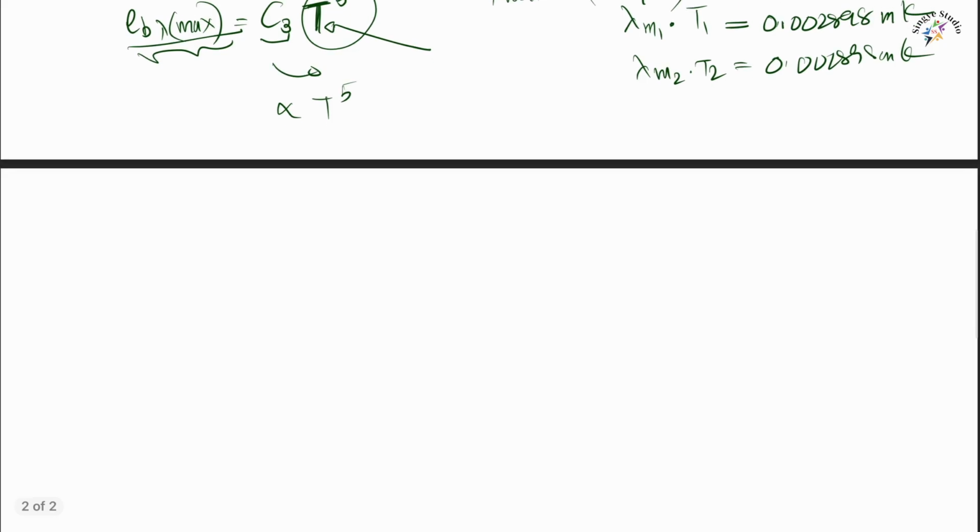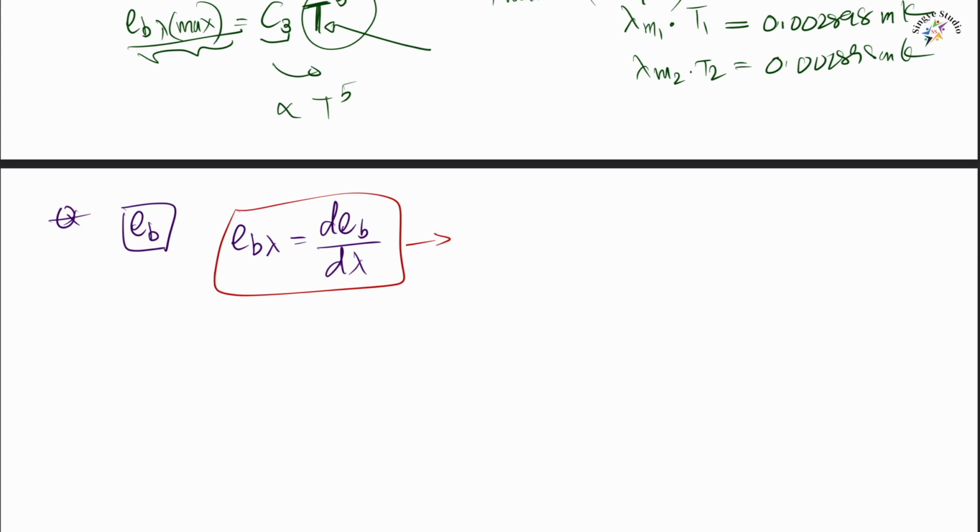Now, in this class, we are going to find the emissive power of the black body. By definition, E_b lambda is dE_b by d lambda.